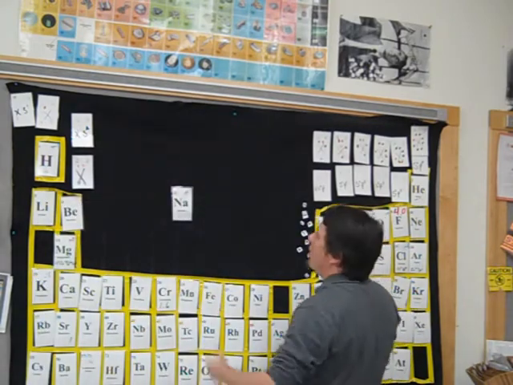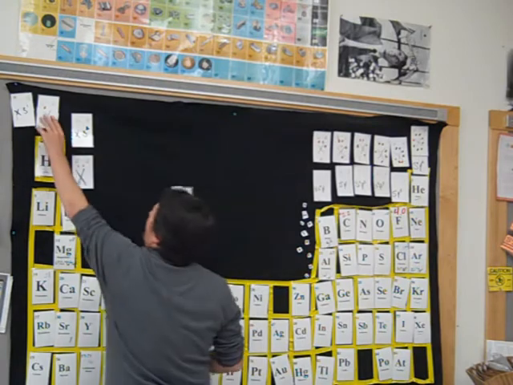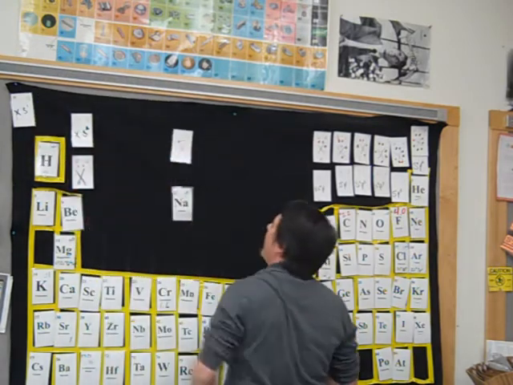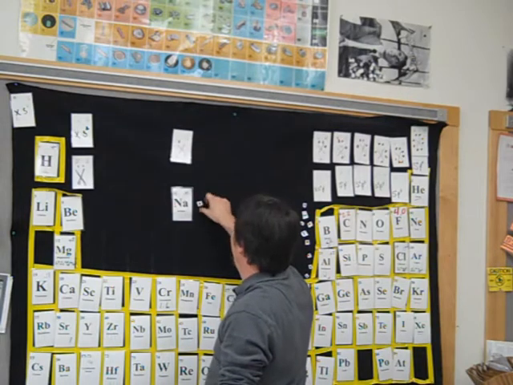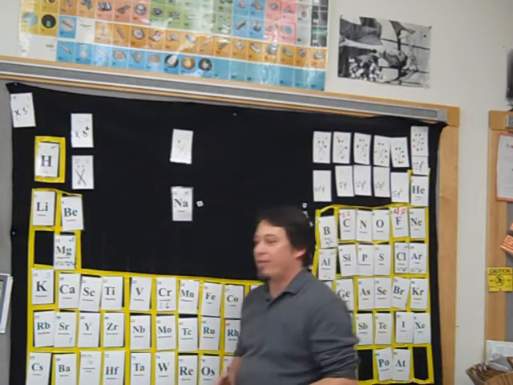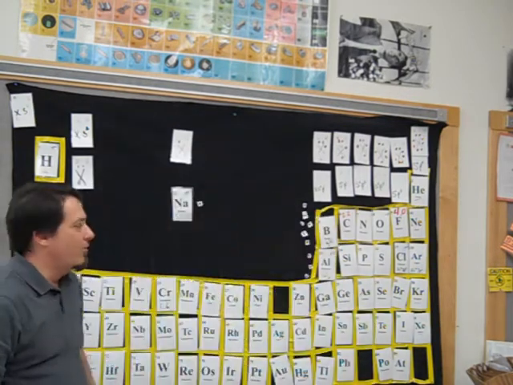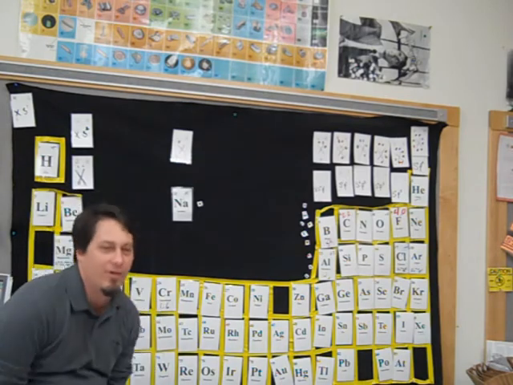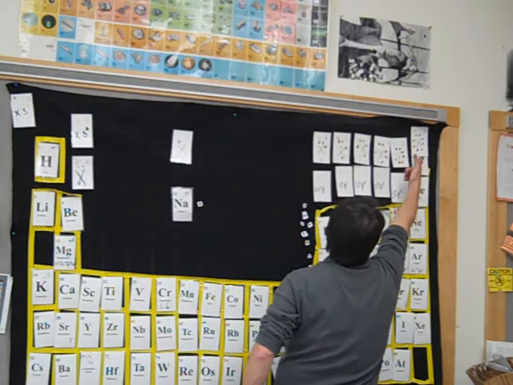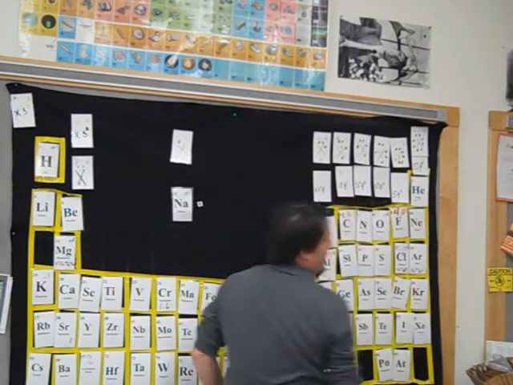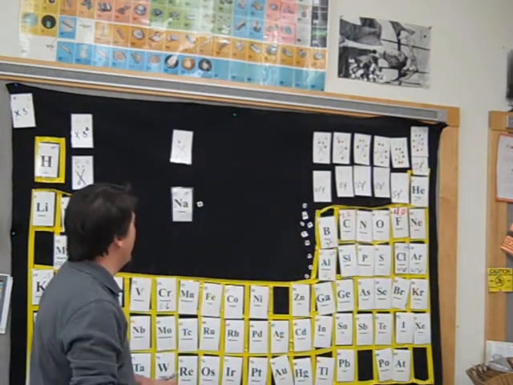For example, we had sodium, which has one outer electron, and it will want to lose that electron because who are the happiest elements on the periodic table? The noble gases. That's right, because they have a full valence shell. All of them are very happy, and everybody wants to be like them.